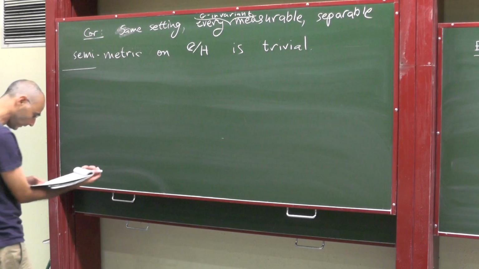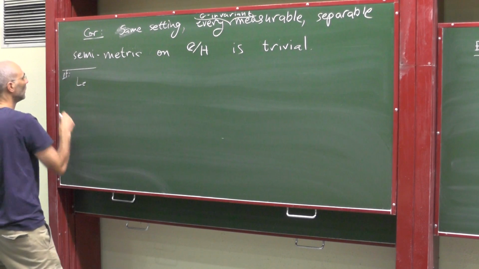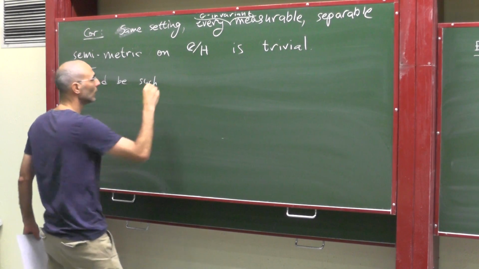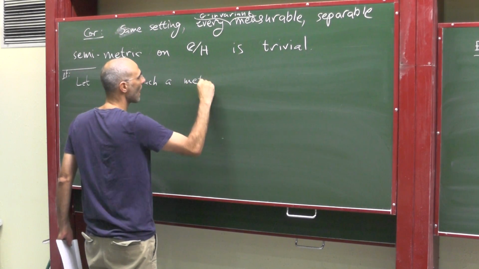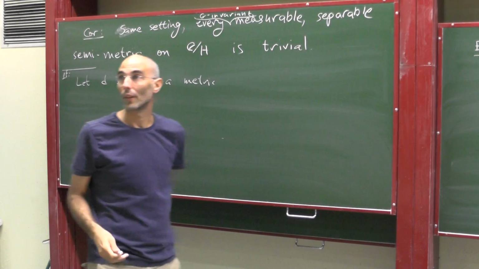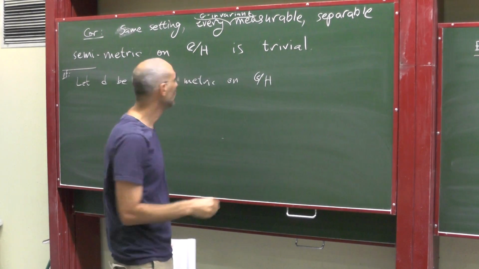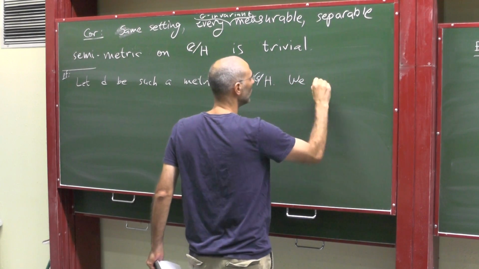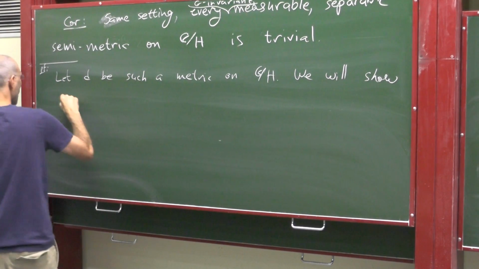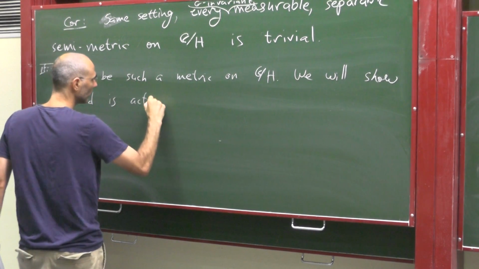Okay, let me give you the proof of that. Let D be such a metric, with all these adjectives, and let me discuss metrics and not semi-metrics, as we understand how to reduce one to another. Metric on G mod H, we will show that D is actually continuous.